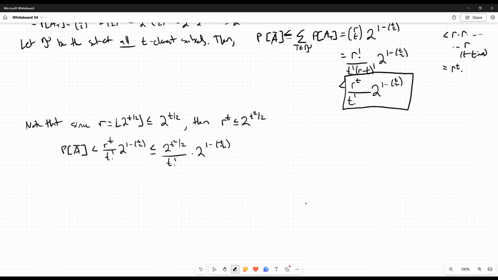And let's go ahead and pull out our fancy-dancy inequality from earlier. That's going to be less than 2 to the power of t choose 2 over T factorial, times 2 to the power of 1 minus t choose 2.